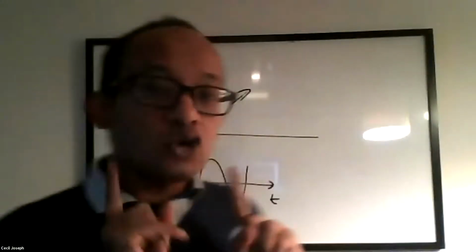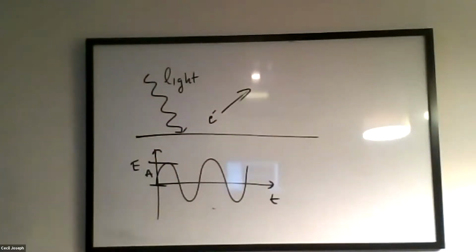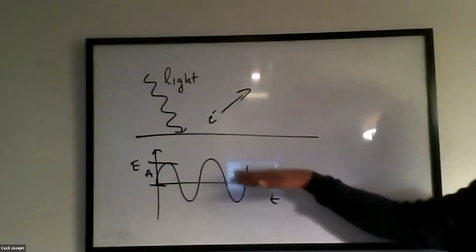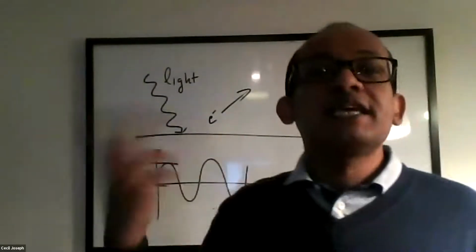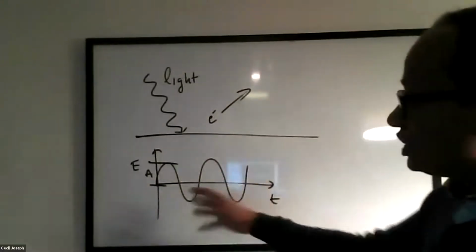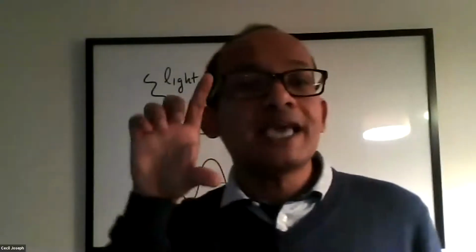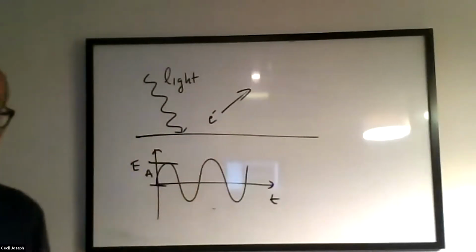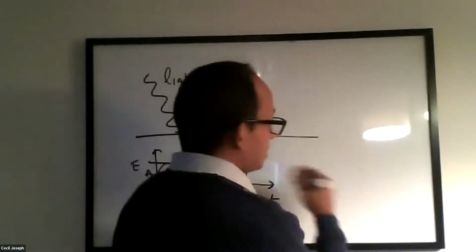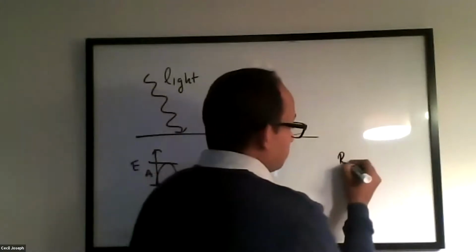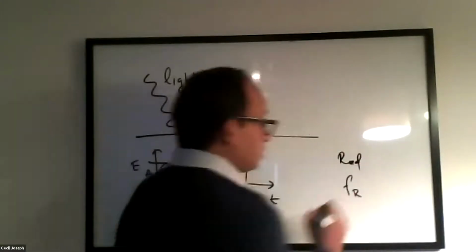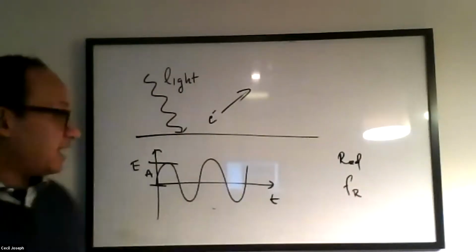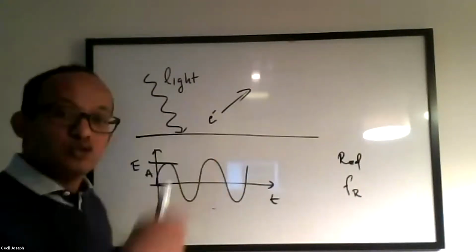Now remember, let's look at one thing about the wave theory explanation. In the wave theory explanation, there is no relation between frequency and energy. The energy is associated purely with the amplitude of the wave. So at some frequency, let's say we're in the red, F red, I can have any amplitude I want.